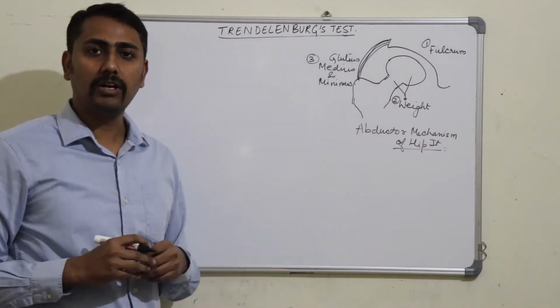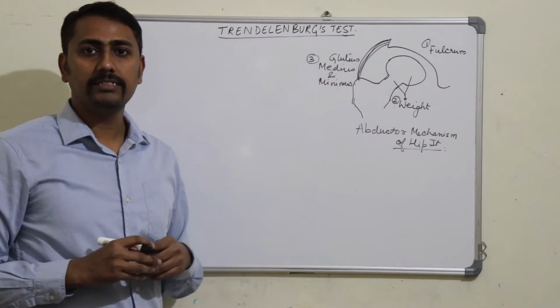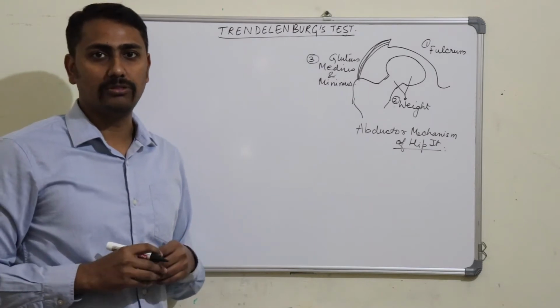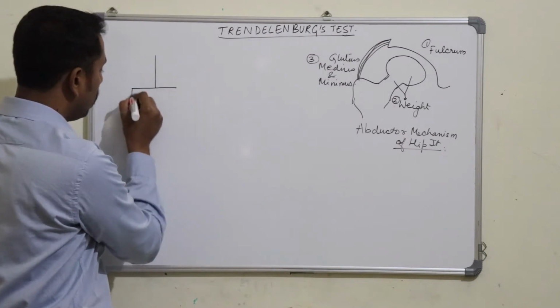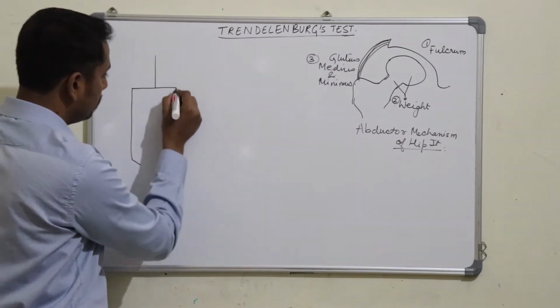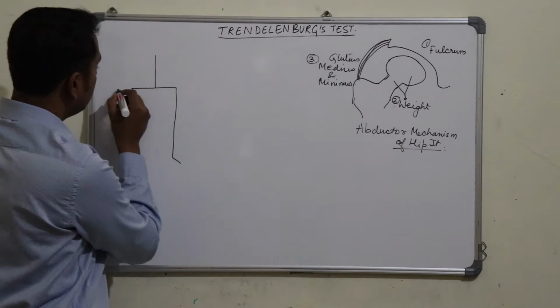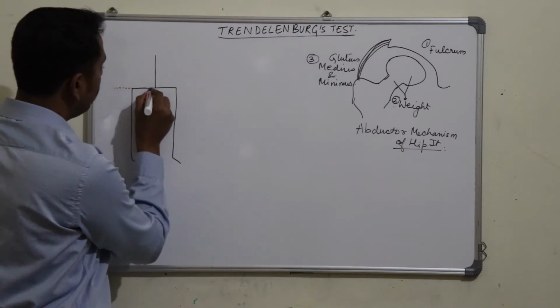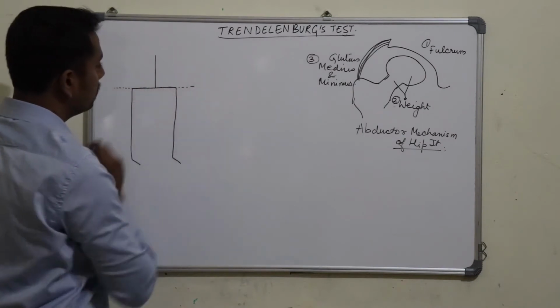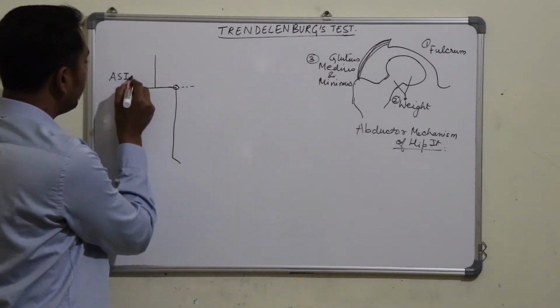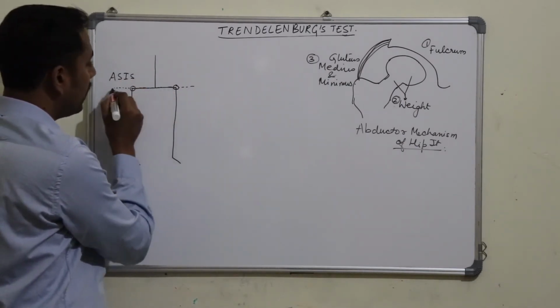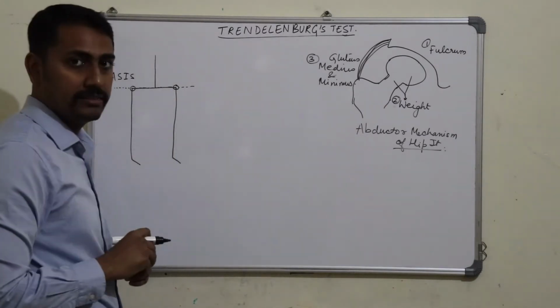Now we will see what happens when a person stands on both feet on the ground. When both feet are on the ground, the pelvis is in a horizontal plane, or we can say the anterosuperior iliac spines on both sides are in the same horizontal plane.